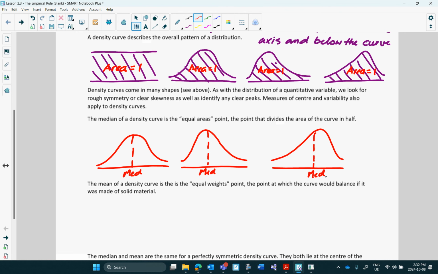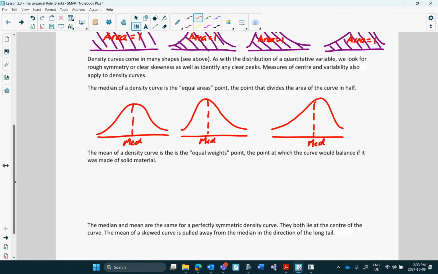The mean, however, for a symmetrical curve would also be at the peak.